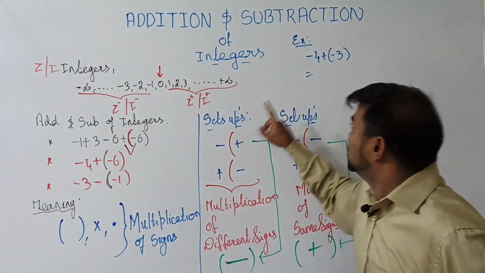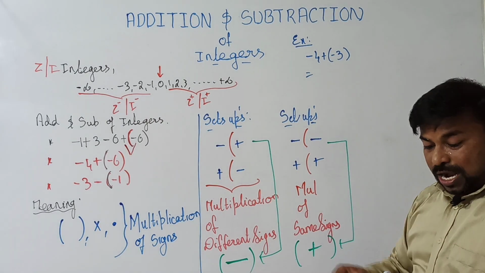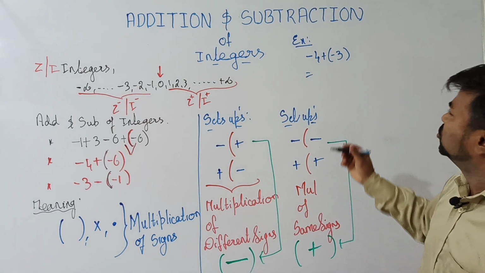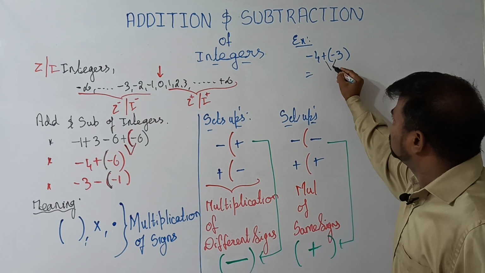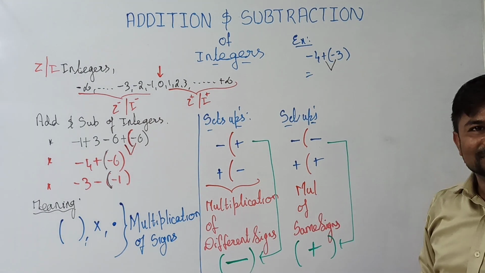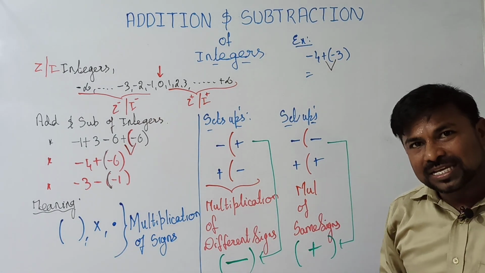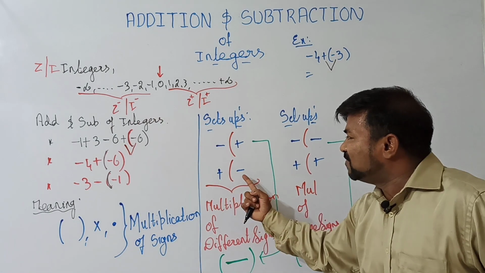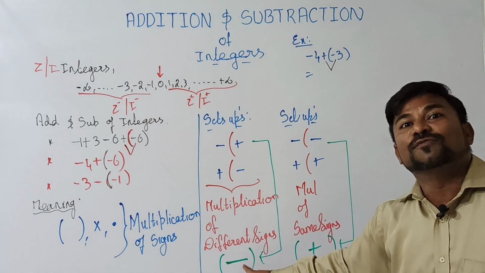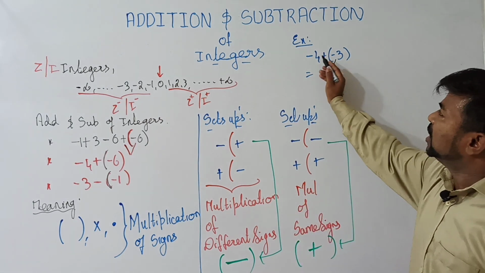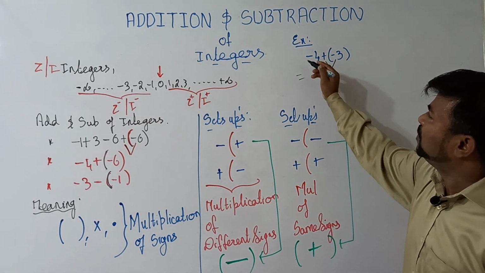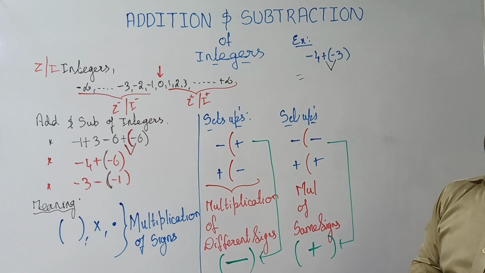Now if you check these two signs, plus and a minus, just now I said, are they same signs or different signs? Different signs. If we are having different signs, what are we getting? We are getting minus. You have to remember, the remaining all we keep in the same way.